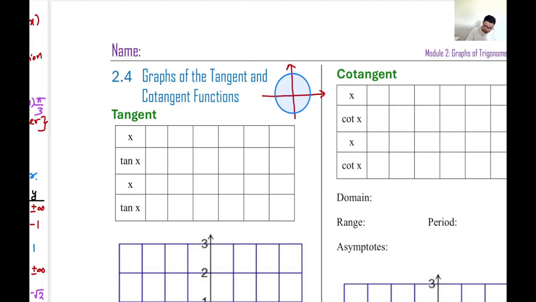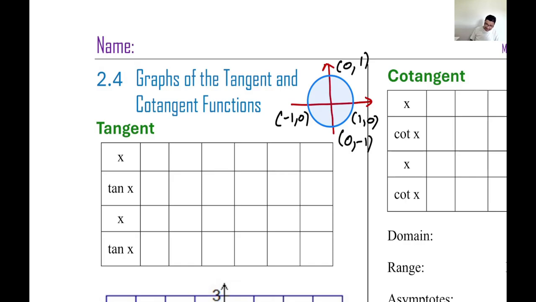Okay, let's say that's your unit circle, and the coordinates on the x-axis at pi over 2 or 90 degrees, at pi, and at 3 pi over 2, right? Let us try to use that. And remember the definition of tangent.